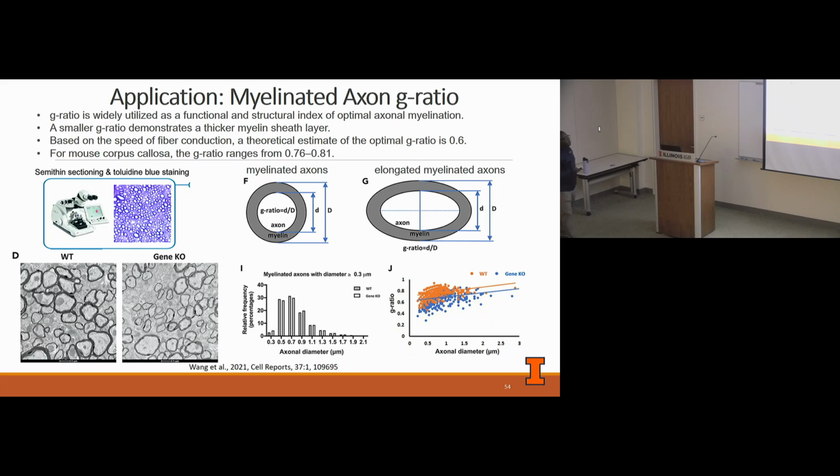Moving along, I'm going to briefly touch on another application. The myelinated axon G ratio is important for people studying the transmission of information in the brain. G ratio is utilized as a functional and structural index for optimal axon myelination.